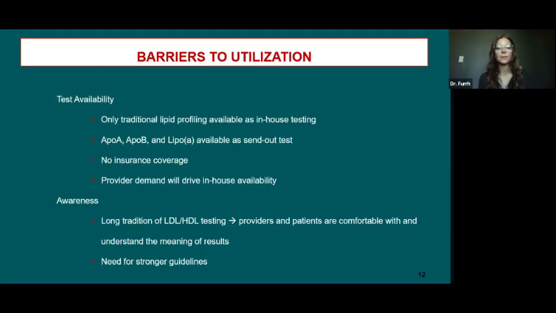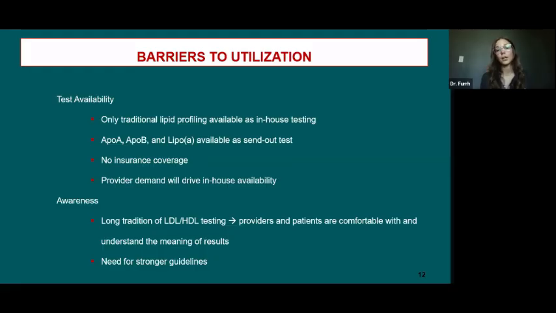It's very unfortunate because it is much, much more precise, and the old markers, LDL, HDL, are just outdated and definitely not the best we can do. But from an insurance standpoint, they're saying, hey, we have something we've been using for decades. It works. We're going to keep using it. It's cheap. We don't want these new tests.